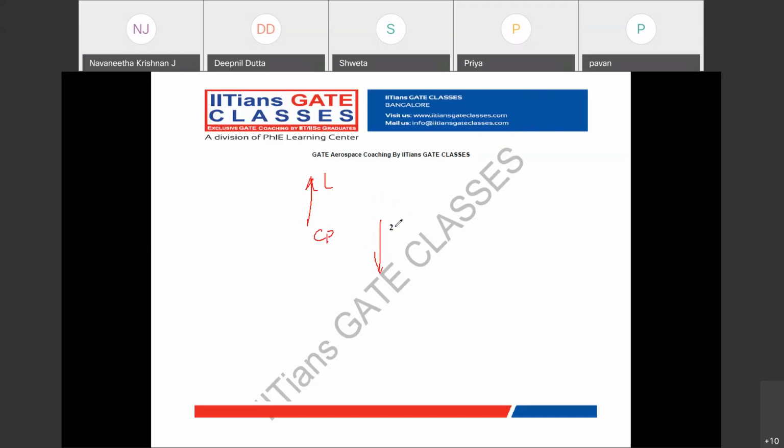Weight is acting at the center of gravity. So these two forces have to be balanced. Force balance has to be there. So lift equal to weight.